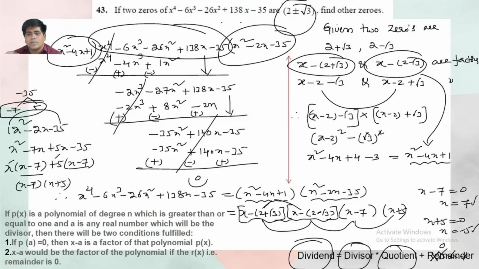If a is a factor and b is a factor, ab is also a factor for the given polynomial. So when this is a factor, we divide by this quadratic polynomial, and we get the quotient as a quadratic polynomial. I got it as x square minus 2x minus 35. Further, if I factorize, I got x minus 7 into x plus 5. So I convert these factors into the zeros. x minus 7 is equal to 0, x plus 5 is equal to 0. I got 7 and minus 5. So that's all about this sum. You also try it and get it.